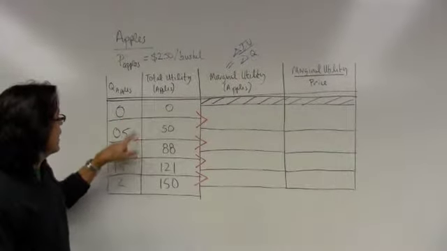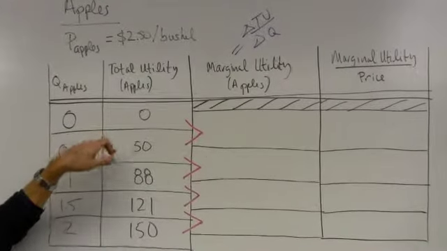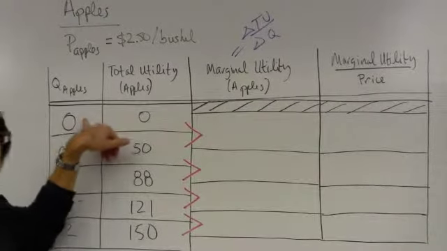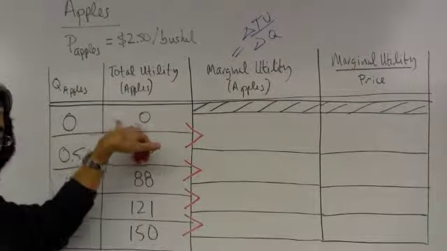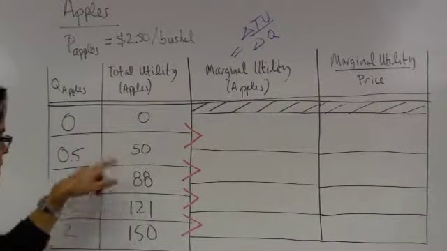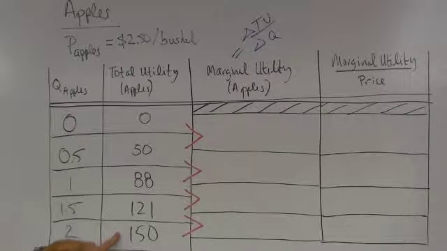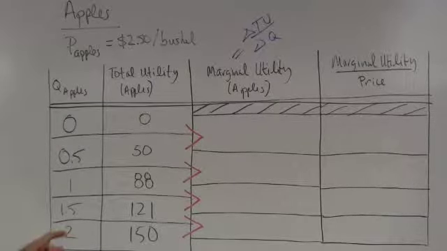And for each of those amounts, we have a measure of total utility. If we consume no apples, we have 0 utility. Half a bushel, we're going to have 50 units of utility, et cetera. So you notice total utility is going up as we increase our consumption of bushels of apples.